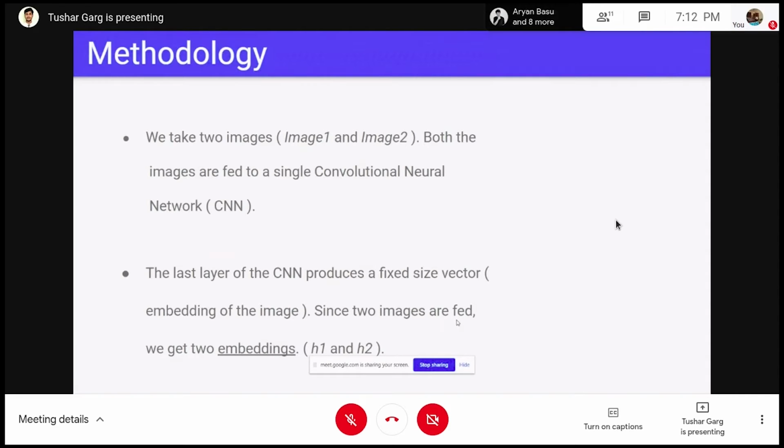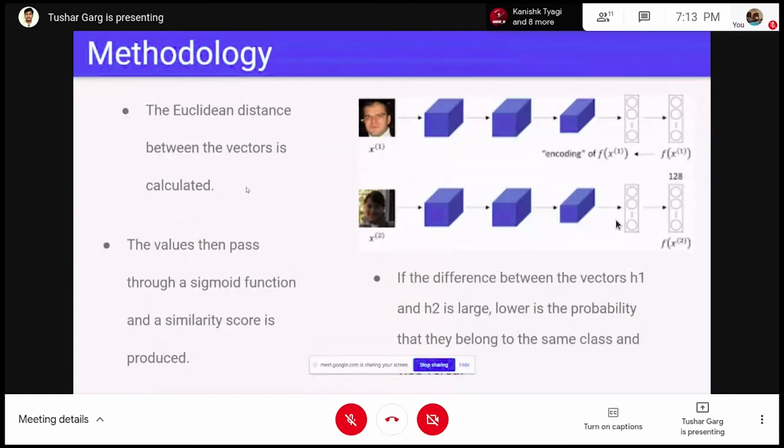Since two images are fed, we get two embeddings, h1 and h2. After that, the Euclidean distance between the vectors is calculated, that is h2 minus h1. The values are then passed through the sigmoid function, and the similarity score is produced.